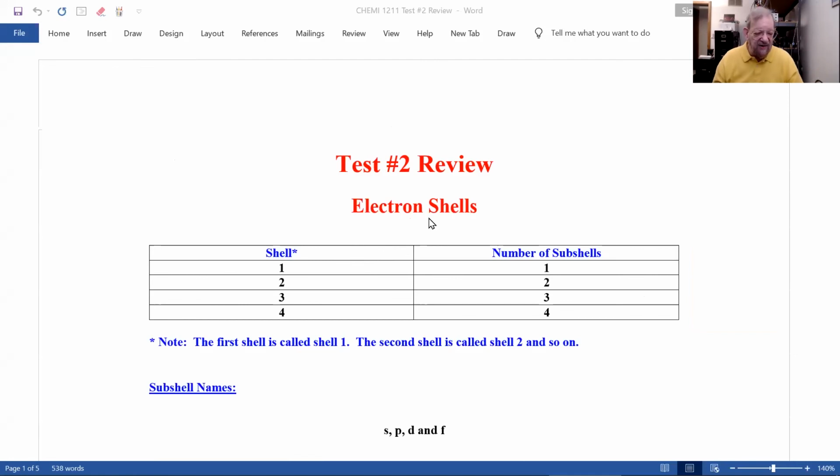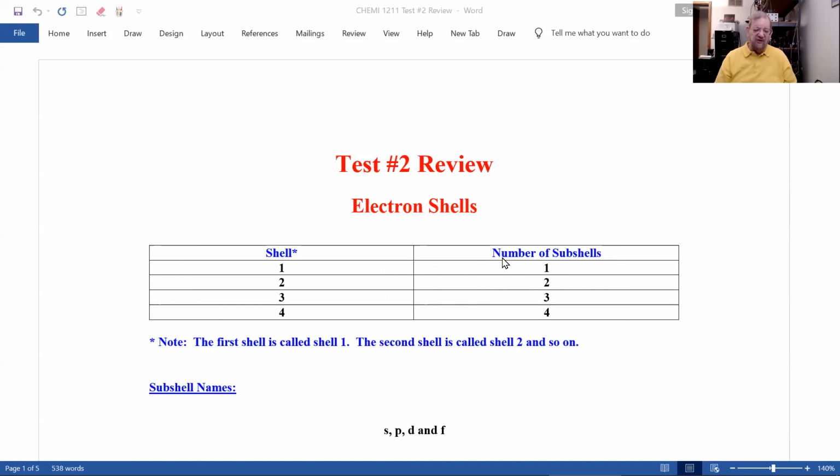Each shell's electrons have approximately the same amount of energy and approximately the same distance from the nucleus. Now, shells have names, and they're very fancy: 1, 2, 3, and 4. And each shell has subshells.